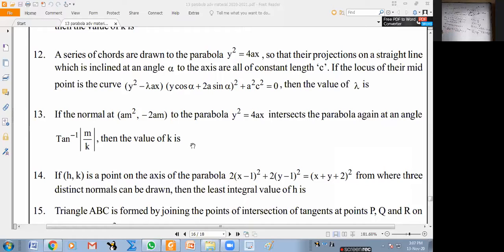The denominator is the same, so I'll get AB square with (y1 cos alpha plus 2a sin alpha) whole square by (4a square plus y1 square) equal to c square. So my AB square is this. When I take LCM, the y1 square plus 4a square will cancel, and we will be getting (4a x1 minus y1 square)(y1 cos alpha plus 2a sin alpha) whole square equal to c square times (4a square plus y1 square). Is it an answer?